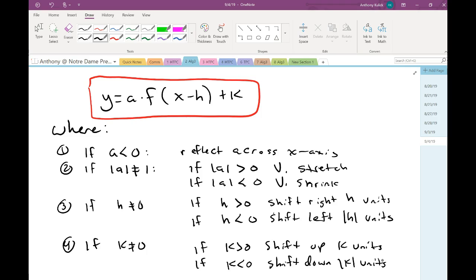If the absolute value of a is not equal to 1, then one of two things has happened. Either the absolute value of a is greater than 1, or it's less than 1. If it's greater than 1, we have a vertical stretch. If it's less than 1, we have a vertical shrink.